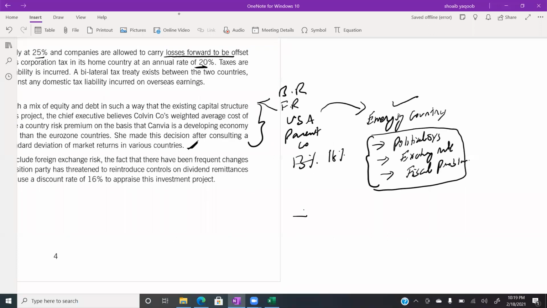Okay. Now I'm making another statement. Now listen, using another angle. If this USA company is investing in an emerging country, obviously there will be a risk. But if this company is a multinational company, please listen carefully, this company must have invested in a more developed country.